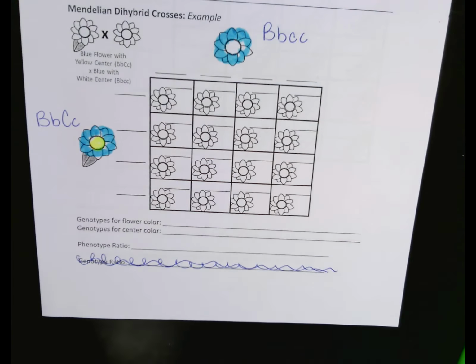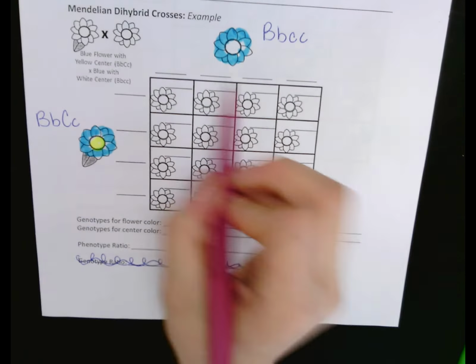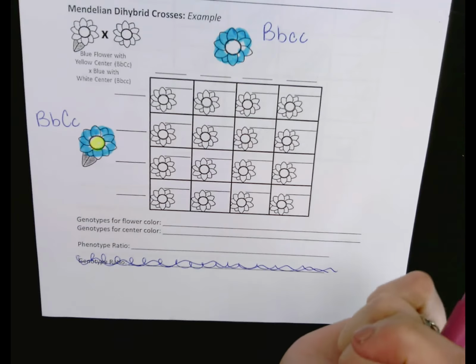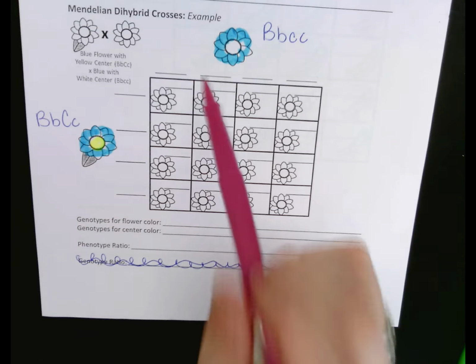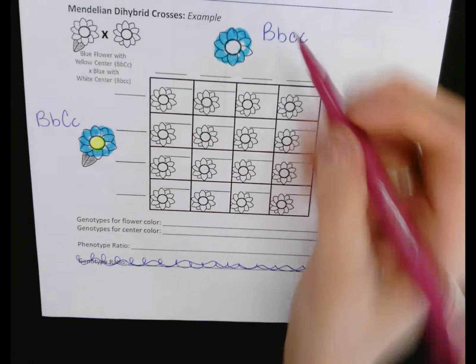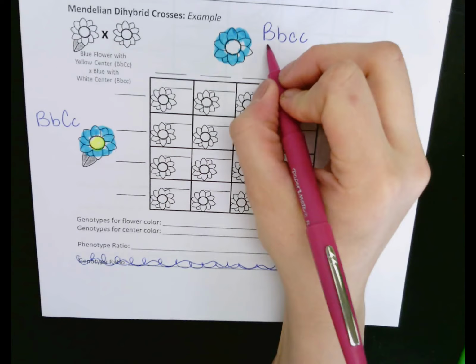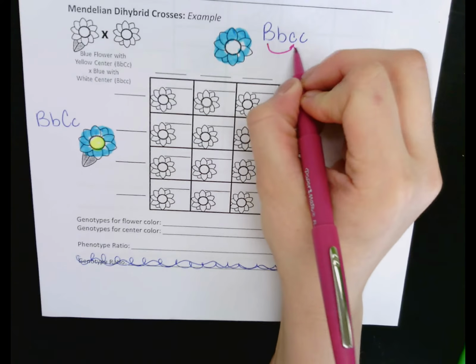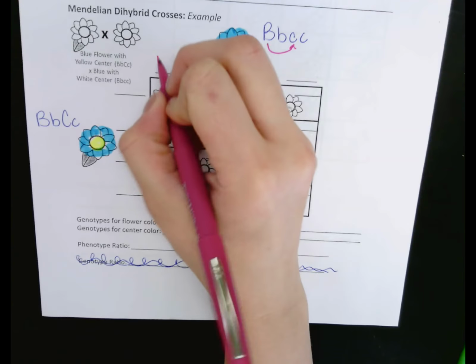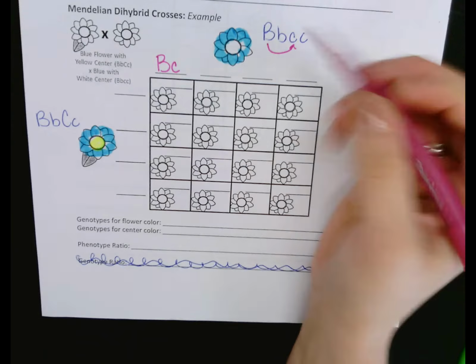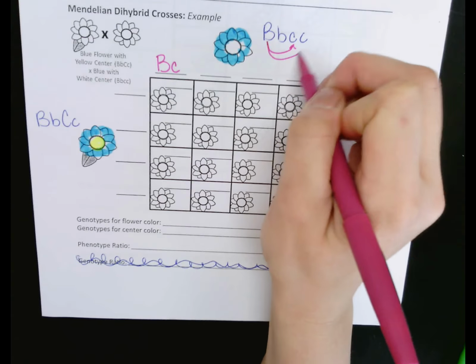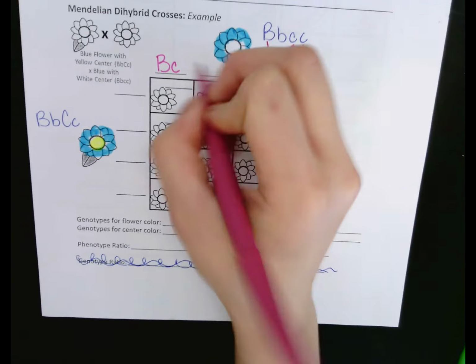And this is where some people get confused, so look carefully. On each one of these lines, just like the monohybrid crosses, we need to have one allele per trait. So we need to look at the options. We've got big B, little c, okay? Big B, little c is one option. We could have big B, little c again.